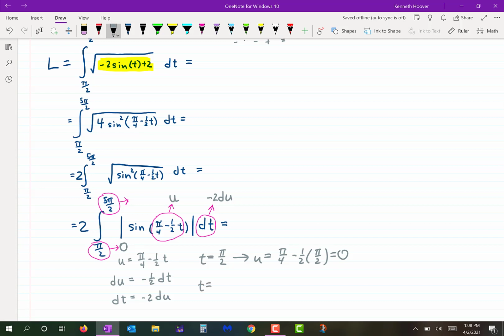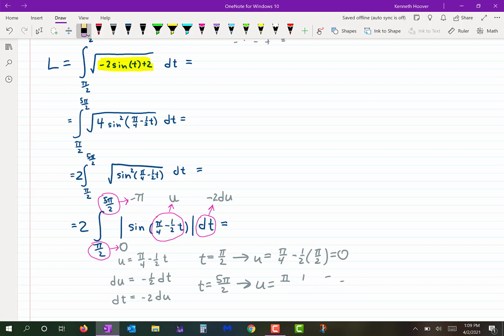When t equals 5 pi over 2, u will equal pi over 4 minus half of 5 pi over 2. And that equals negative pi. So that 5 pi over 2 gets replaced with negative pi. Okay? I'm going to delete that scratch work in a second. So if you want to write it all down, then pause the video and write it down.